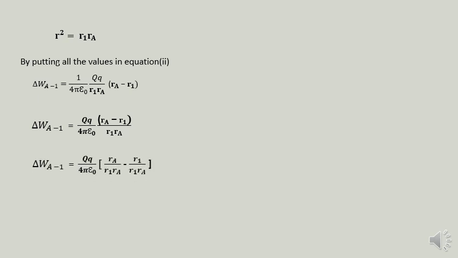By separating this equation, delta W equals Q upon 4 pi epsilon naught, RA upon R1 RA minus R1 upon R1 RA. RA will cancel by RA, and R1 will cancel by R1. So we get delta W A to 1 equals Q upon 4 pi epsilon naught, 1 upon R1 minus 1 upon RA.